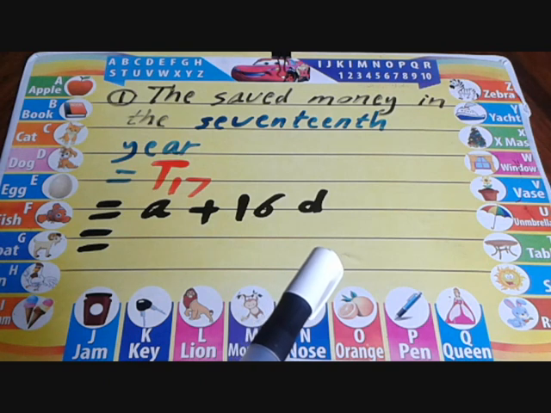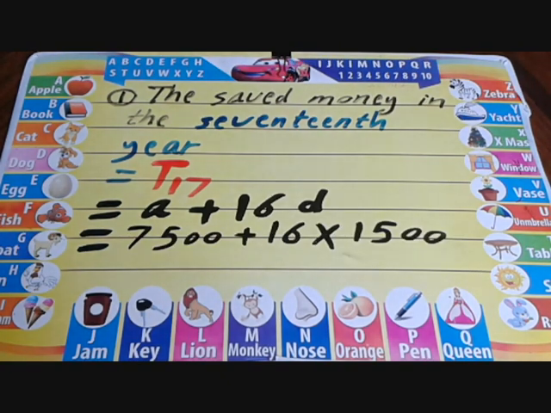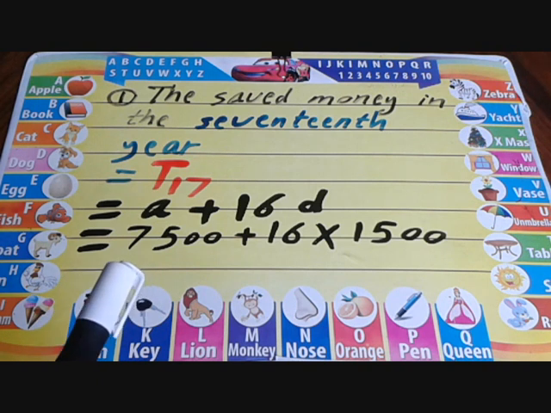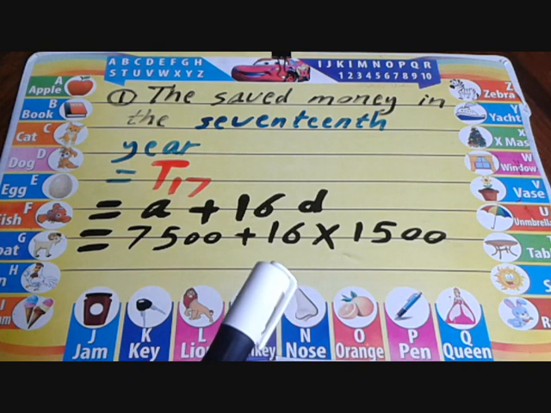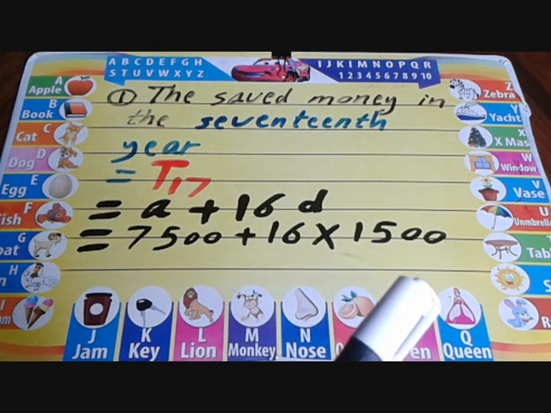By substitution, it equals 7,500 plus 16 times 1,500.